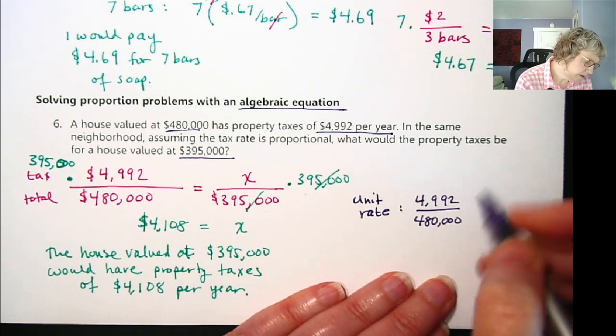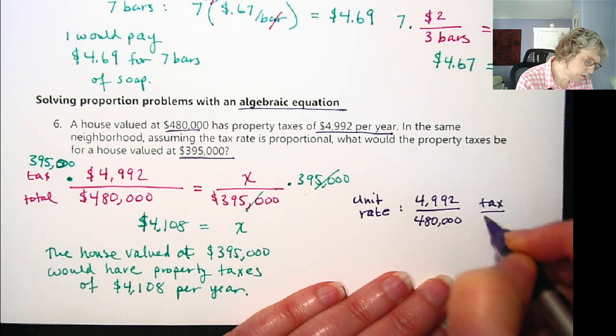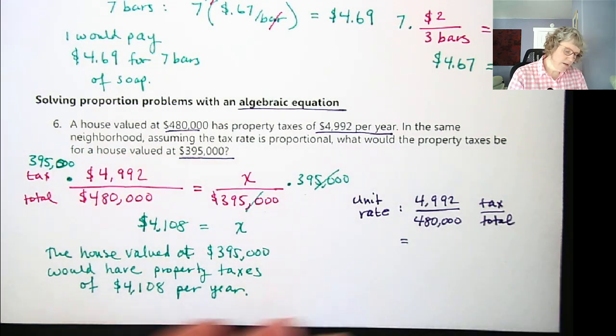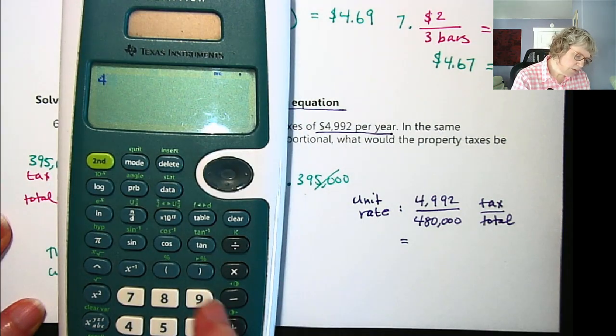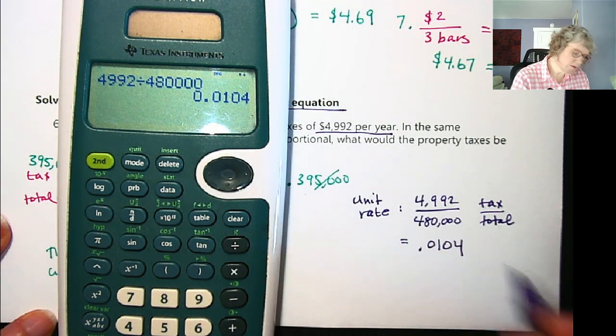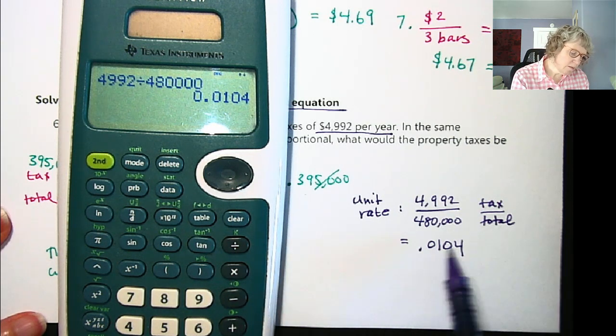And I'm going to remind myself that that's the tax over the total. Let's see what that unit comparison is. 4,992 out of 480,000 is 0.0104.